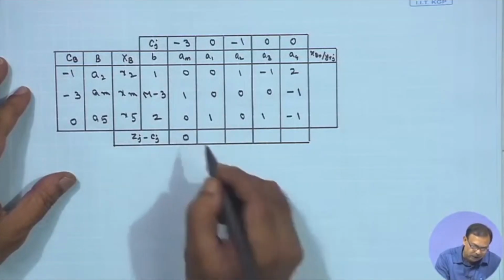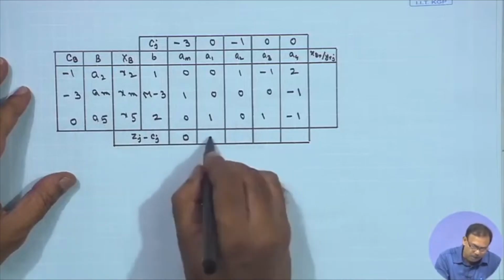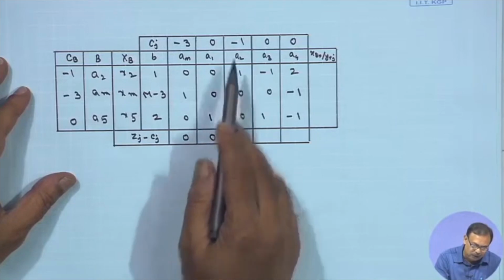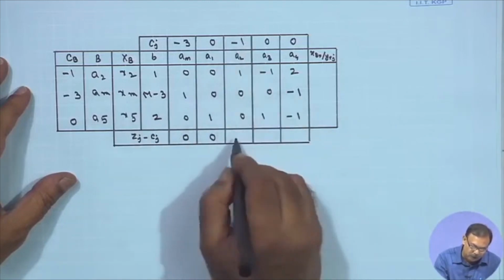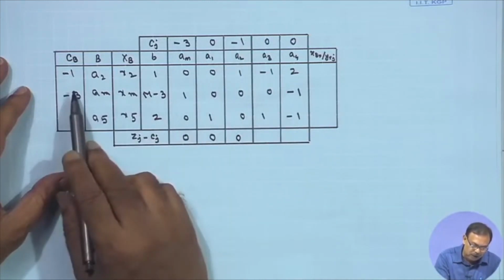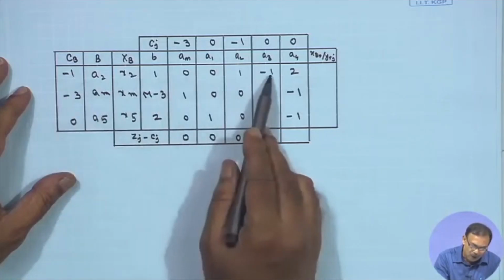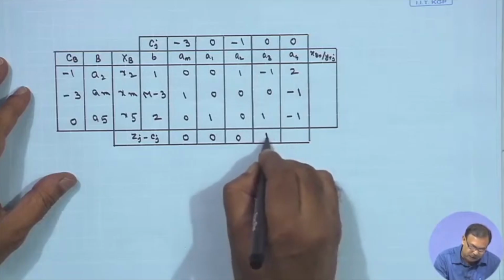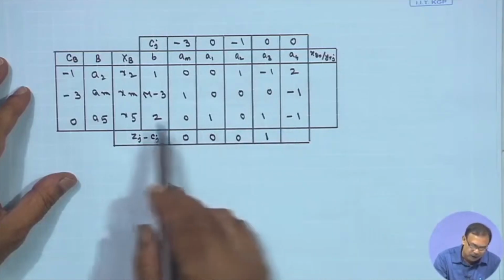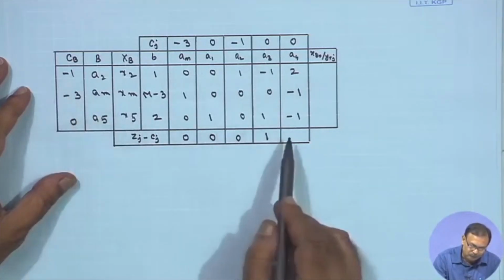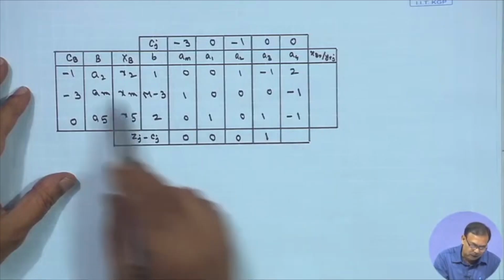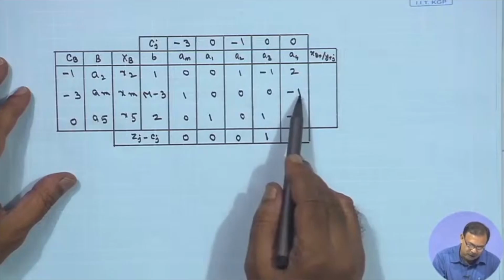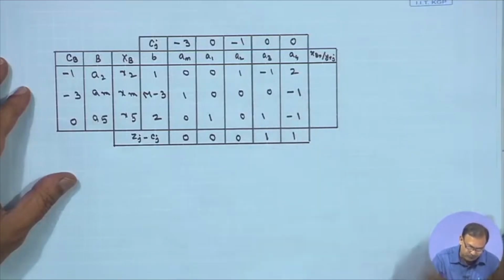So, it is 0, next one is 0, next one is 1, it is 0, 1 minus 1 plus 1, 0. Here it is 1, this is 0, this is 0, this is 0. So, it is 1. Here it is minus 1 into 2, minus 2 plus 3, 1. So, this is 1.